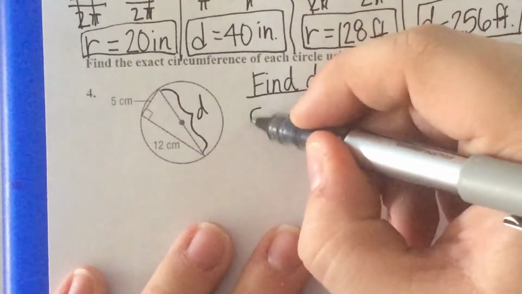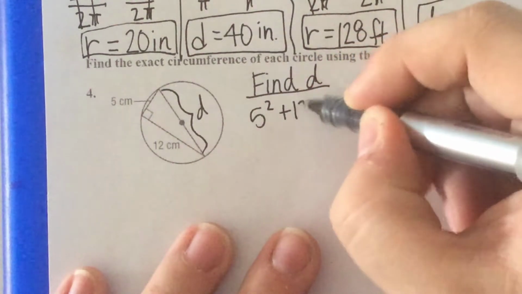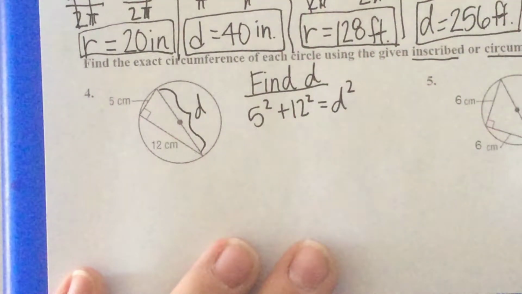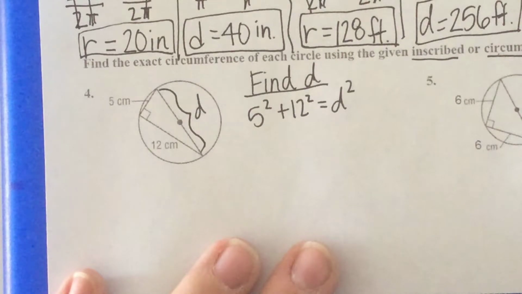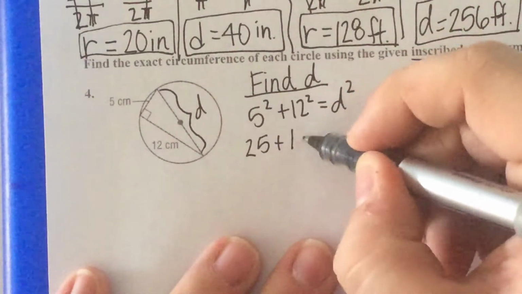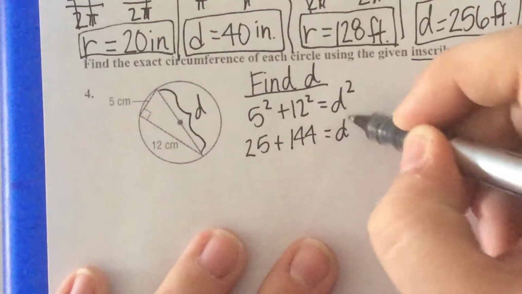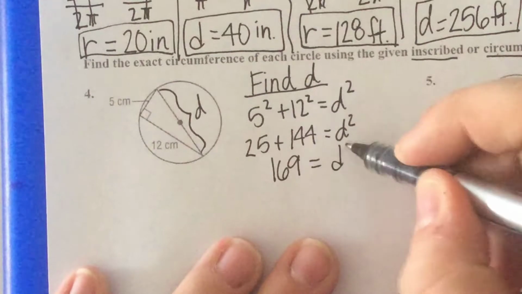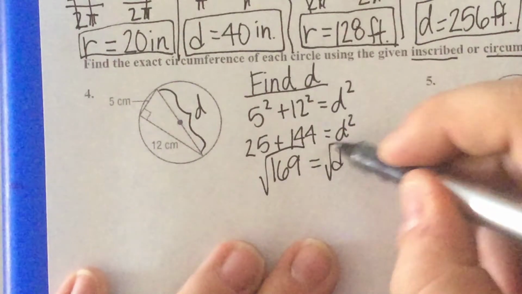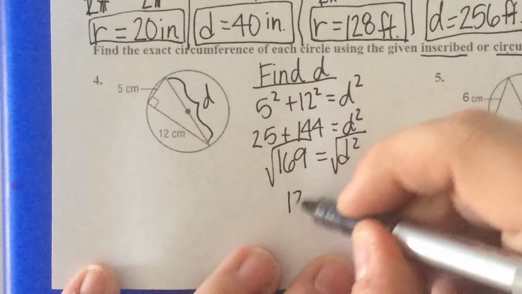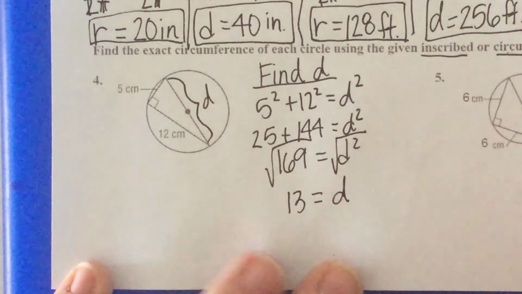We're going to say 5 squared plus 12 squared equals that d squared, that d that we're trying to find, because that's our c, our hypotenuse. So we get 25 plus 144 equals d squared. Add those together and you get 169 equals d squared, and then we take the square root, and 169 is one of our perfect squares, so we would say 13 equals d.